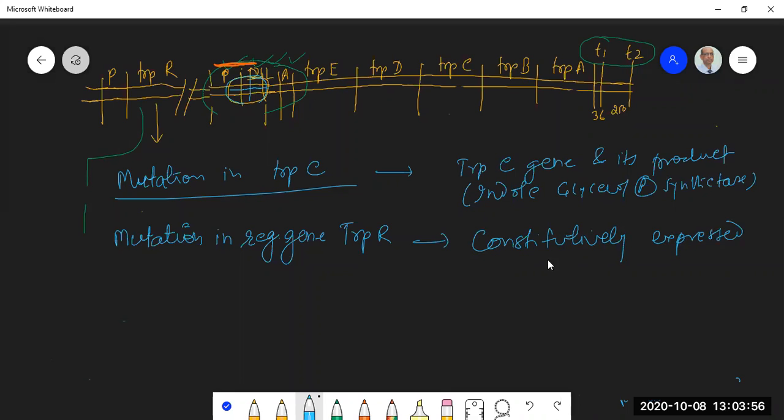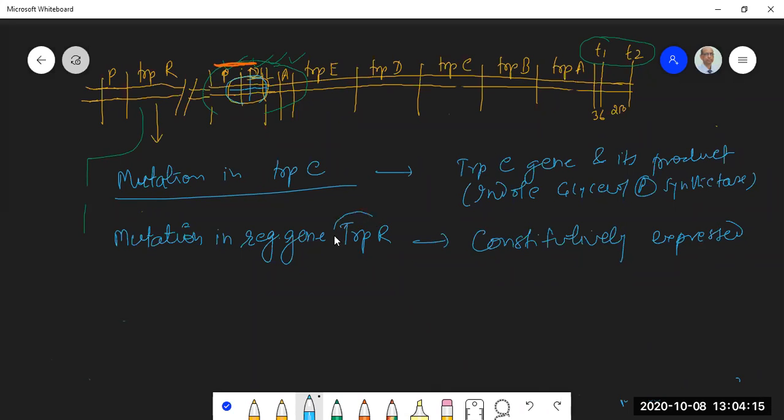We want the operon to be expressed only when tryptophan is not there. But if there is a mutation in trpR, irrespective of whether tryptophan is available or not, the entire operon is going to be expressed. That means all five genes are going to be expressed. That is called constitutive expression.